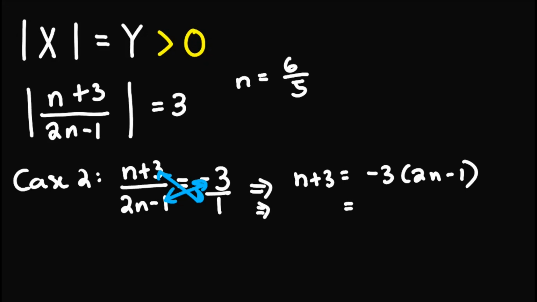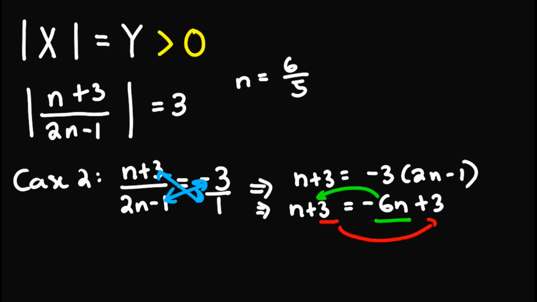Simplifying the right side of the equation, we'll have n plus 3 is equal to negative 6n plus 3. Then we can move negative 6n to the left side and 3 to the right side to obtain n plus 6n will be 7n, and on the right side we have 3 minus 3, which is 0, or simply n is equal to 0.